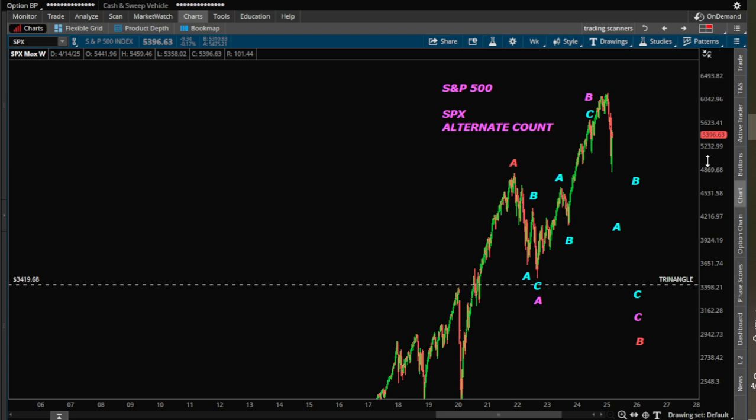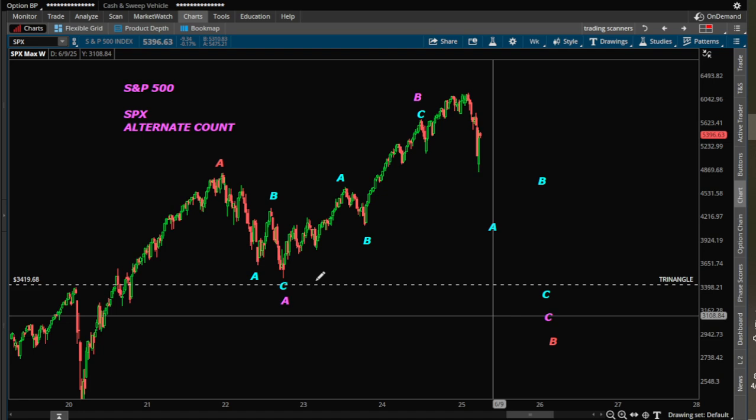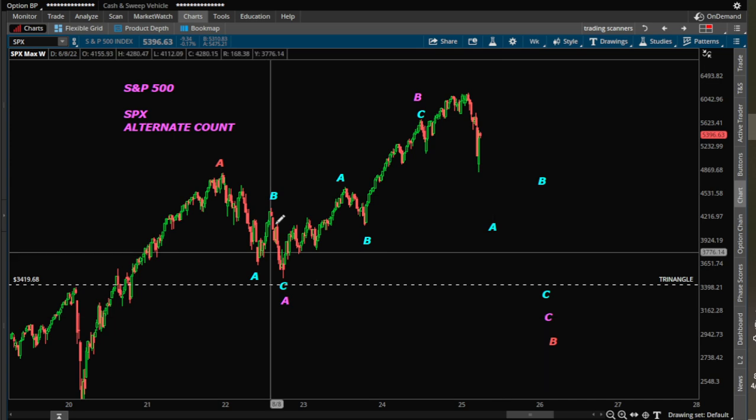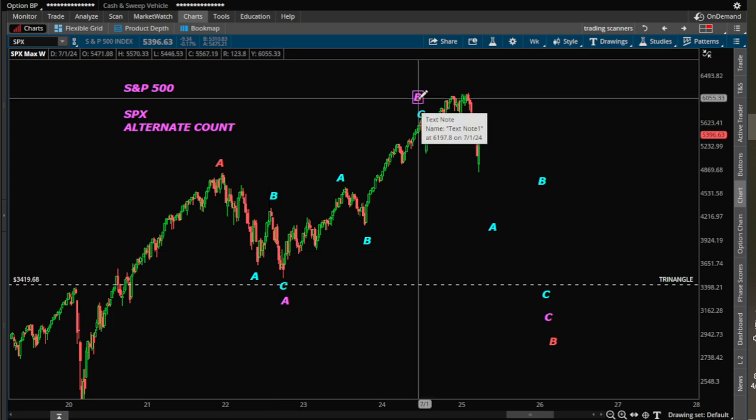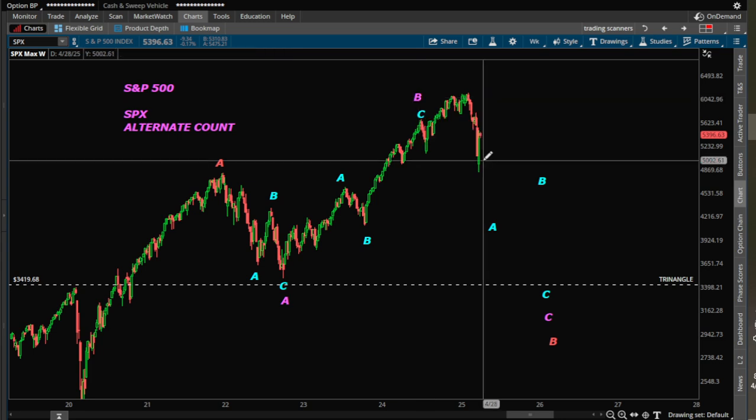I'm still working with 3 degrees right here. So the red, if you remember, was a cycle, the purple is the primary, and then the blue is the intermediate. So in this count, I have 3 moves down for this purple A, the primary A, and then 3 moves up for this B. And now the turn is the start of a smaller expanding flat.